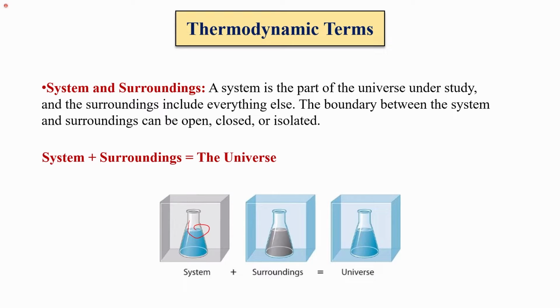We are going to conduct our study on this system. The rest of this will be its surroundings. Let's say this container will be our surroundings. The mixture of chemical substances that undergoes a reaction is always the system.